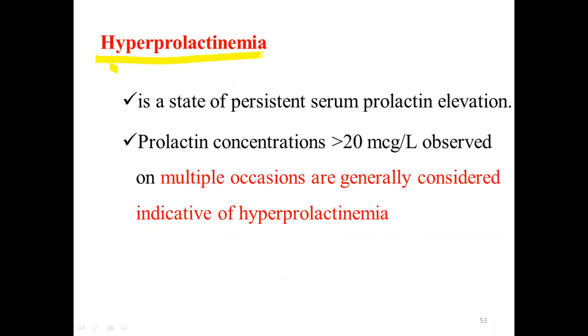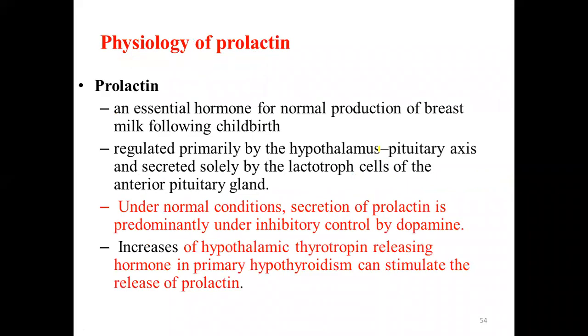If the patient's prolactin level is above 20 microgram per liter on multiple occasions, and there is a need to have the measurement on multiple occasions, it is called hyperprolactinemia. But this is anyway the standard definition. A high prolactin level above 20 microgram per liter is the general recommendation to be called hyperprolactinemia.